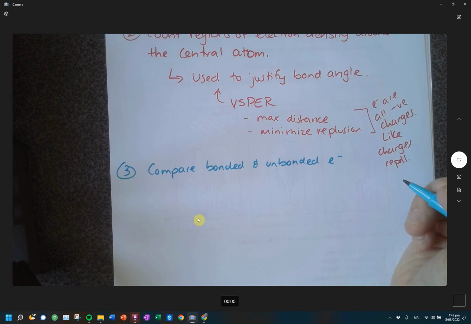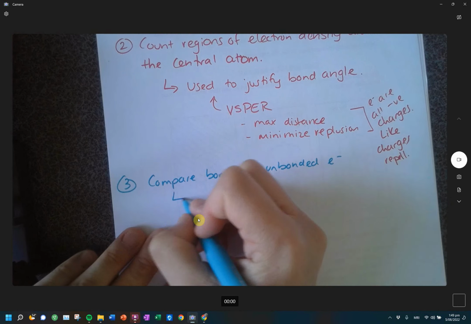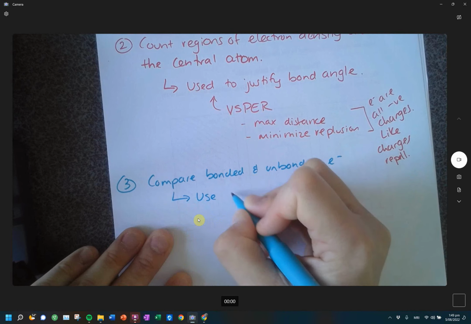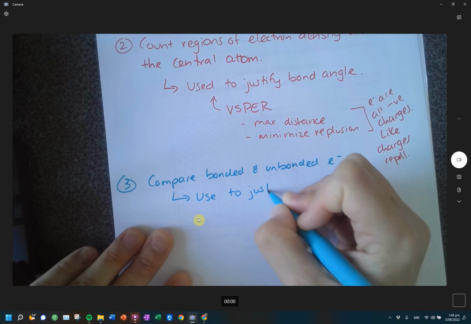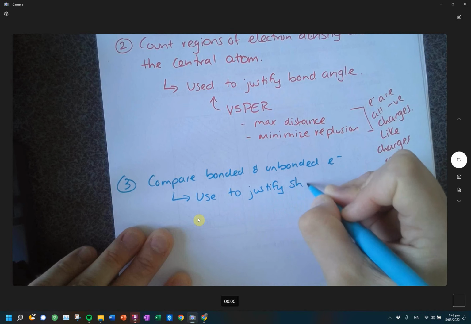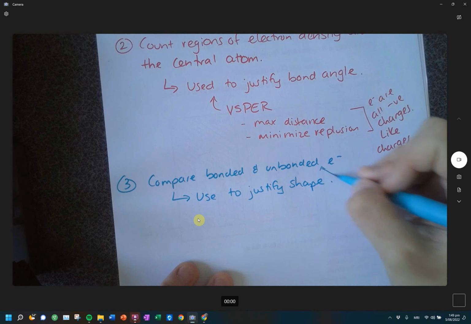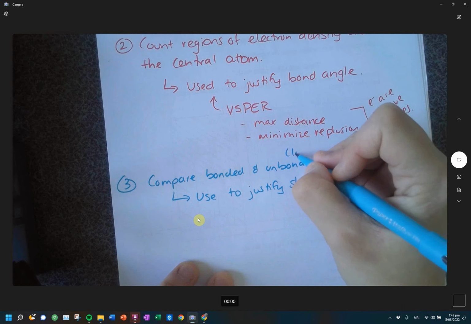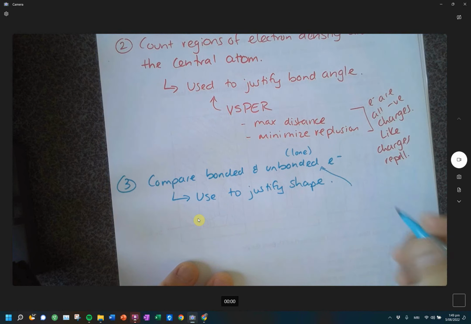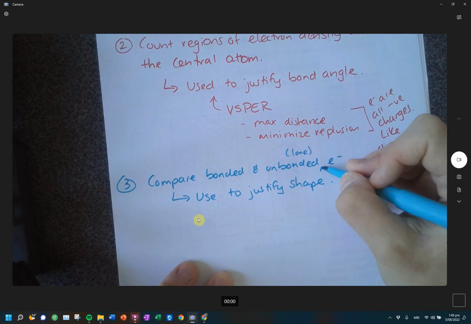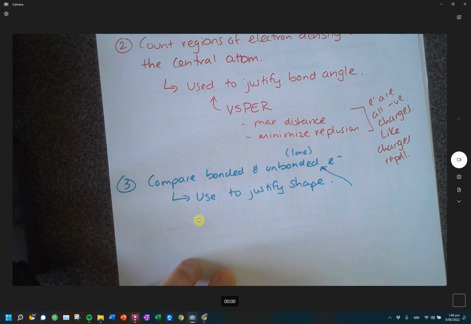That is really important because you then use that information to justify shape. The thing to remember about these unbonded electrons, or lone pairs of electrons as you might refer to them, is that they affect shape but are not drawn in the final shape.